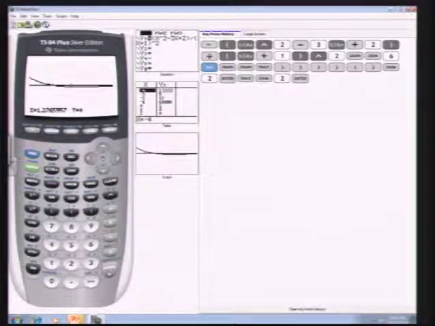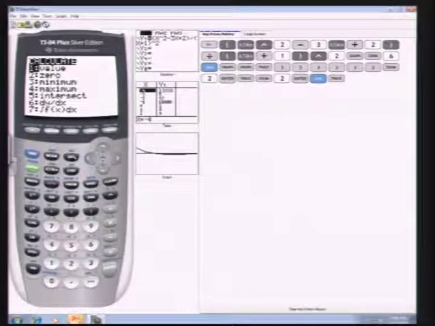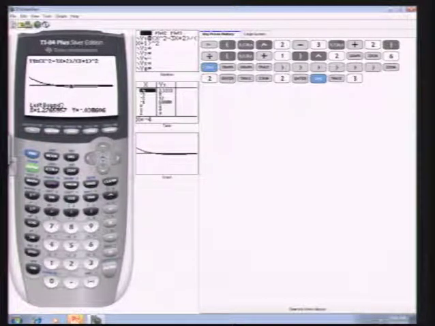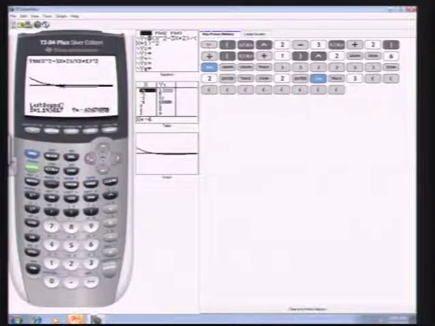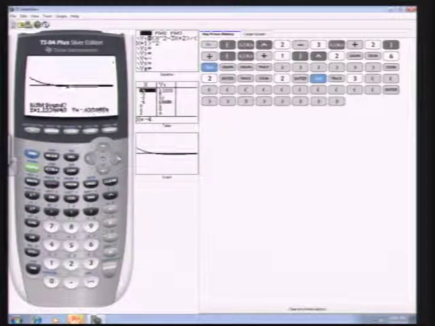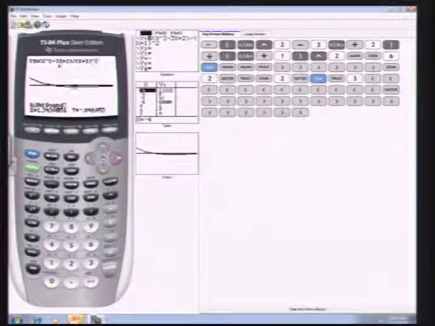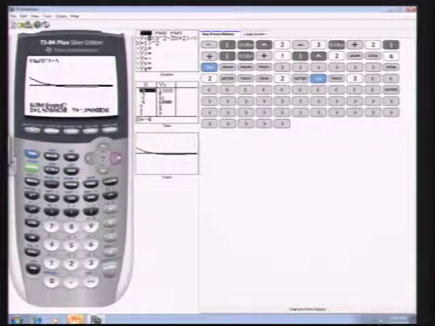We need to name that point right in here, our minimum point. So let's go to second, calculate, and let's go to number 3, minimum. Let's get way away from it here. Hit enter because we're to the left. Then go way to the right here. Make sure it's coming back up before we stop.